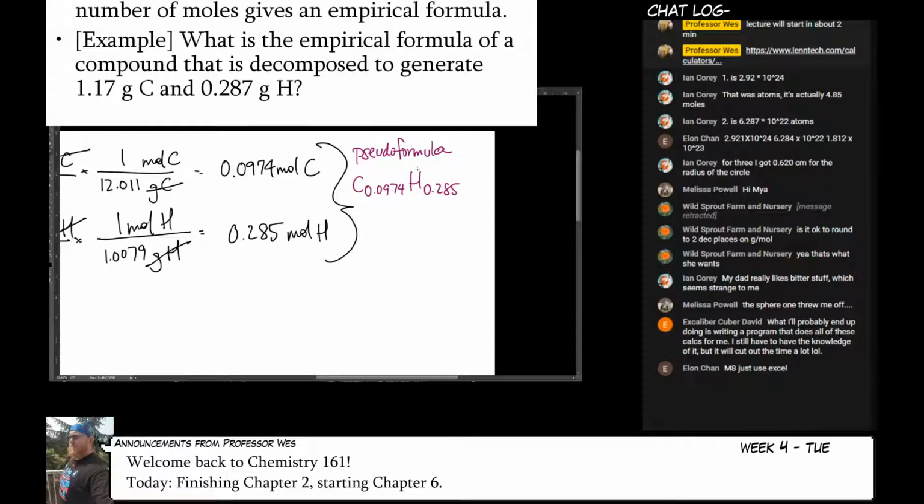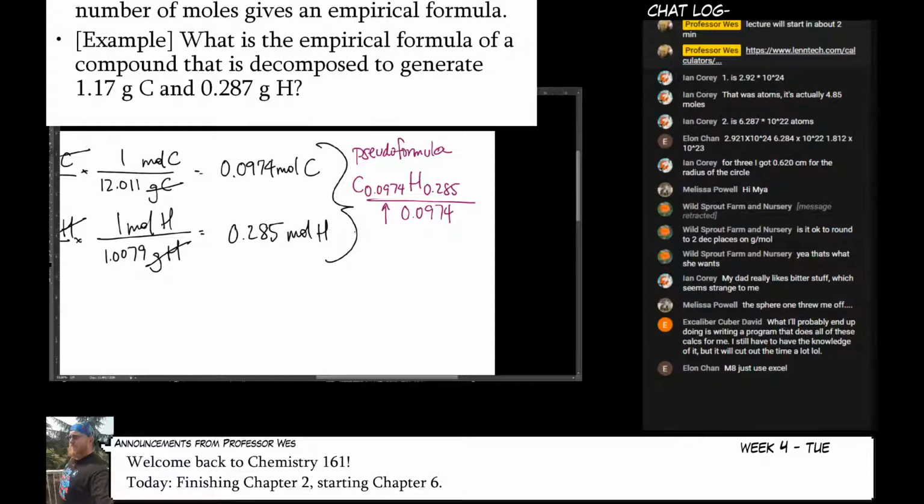What we're going to do to make it a formula is we're going to force one of the numbers to be 1. And the way that you make any number be 1 is you divide it by itself. So we're going to divide by the smallest number. And in this case, that's this number. So we're going to divide both numbers by that. And what I should get is a ratio of whole numbers. They've just been modified by being multiplied by this decimal, 0.0974.